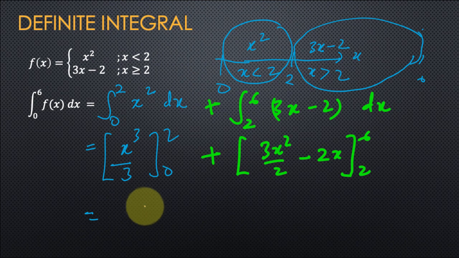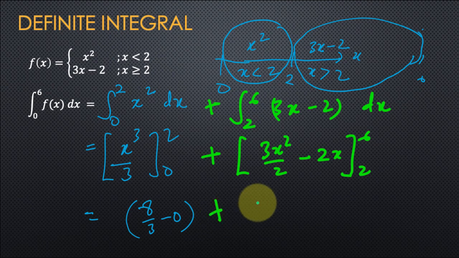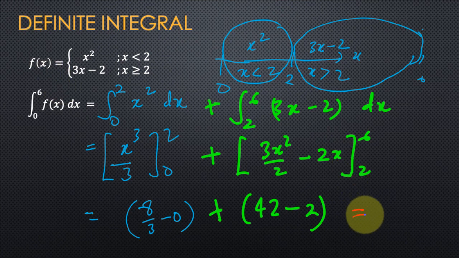First one is equal to 8 over 3 minus 0, this one, plus this one is 42 minus 2. And if you solve this, the answer is equal to 128 over 3.